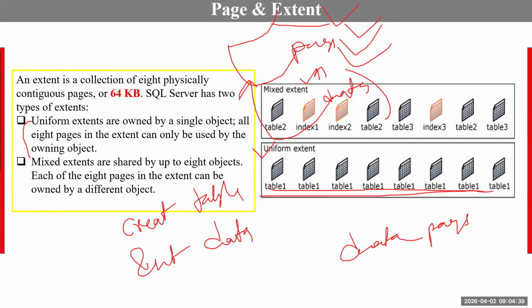If the 8 pages contain multiple objects' data, such as table 2 data, table 3 data, and index data, different objects' data, then we call it a mixed extent.